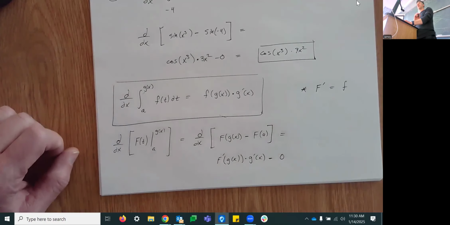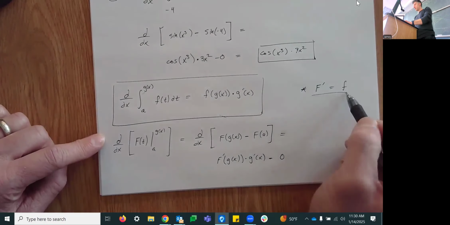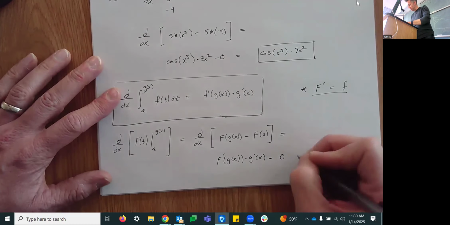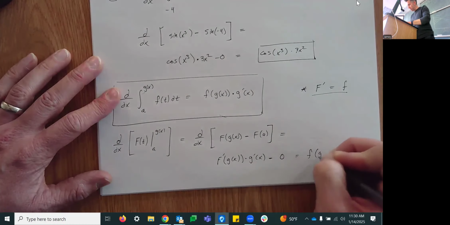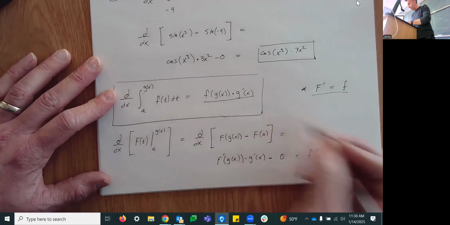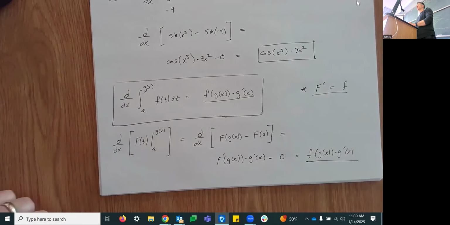And then, F prime is really just f. So I can rewrite this as f of g of x times g prime of x. Look at that. So that's what's going on there. You're anti-differentiating, but then you're plugging in something more complicated than x. So you have to use the chain rule to differentiate it, not just the regular derivative rule.